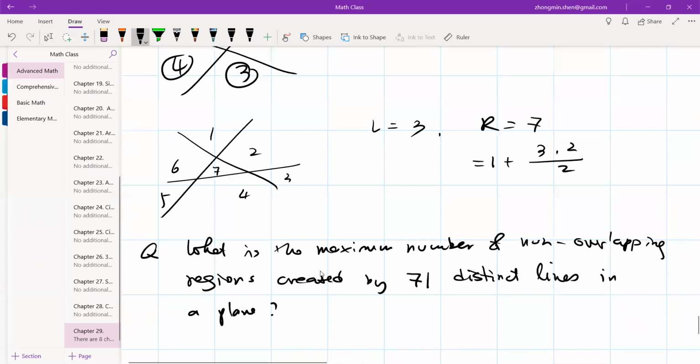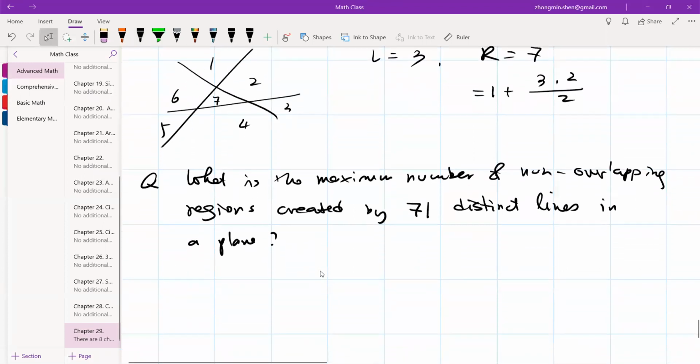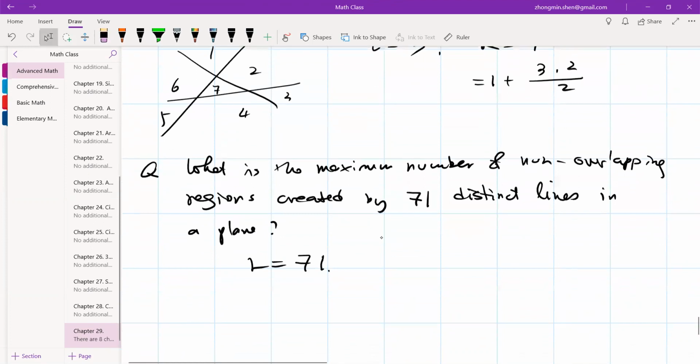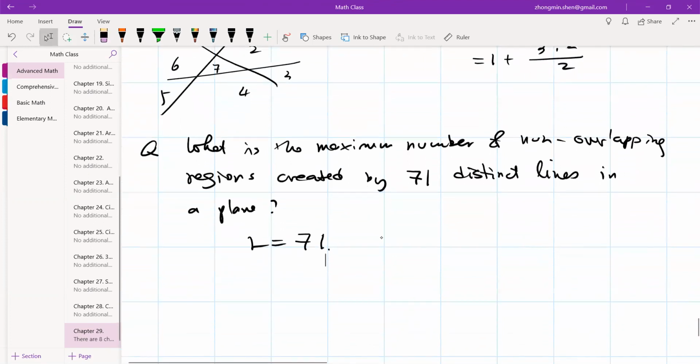Okay, so here you have to use a formula. So you are given the number of lines. L is going to be 71, right? And you cannot draw 71 lines and count them. It's impossible.